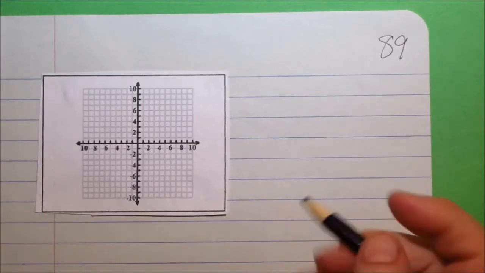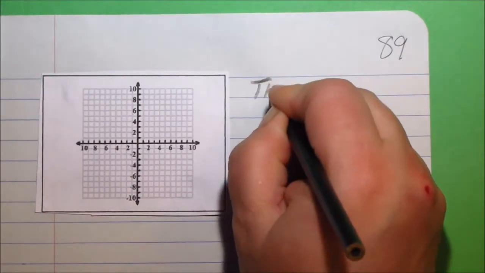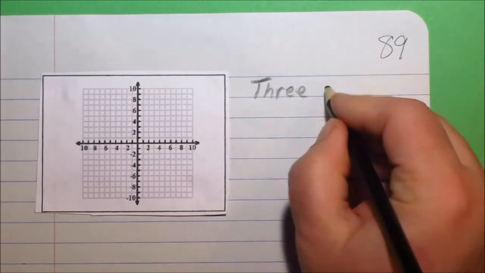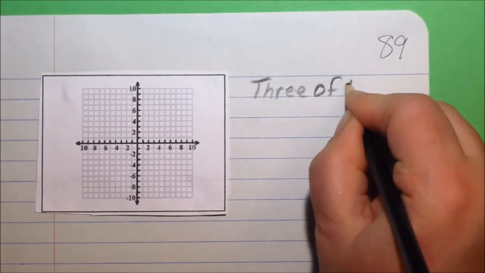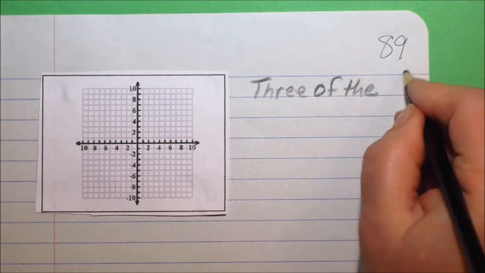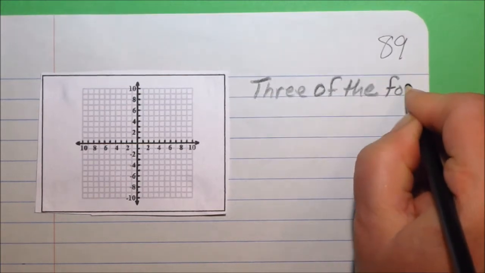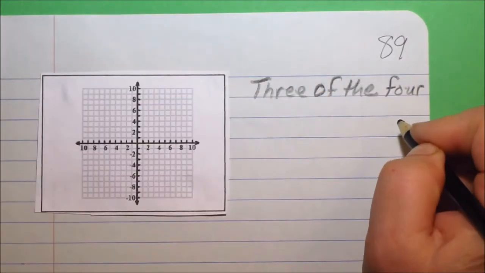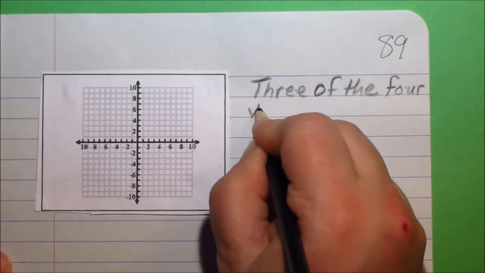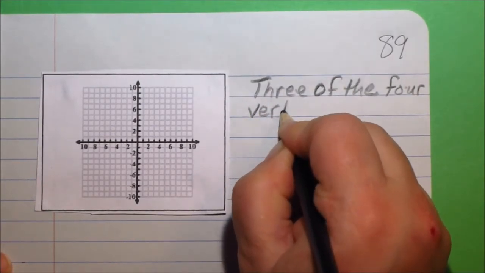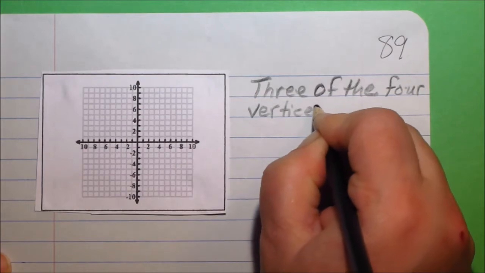It says three of the four vertices of a square are at... What's a vertice?